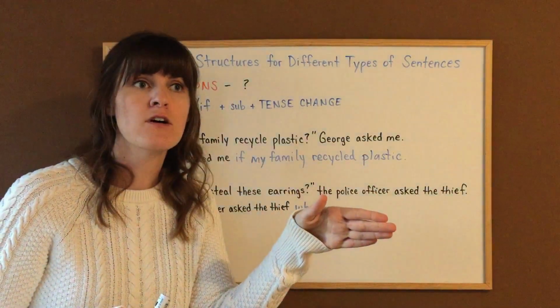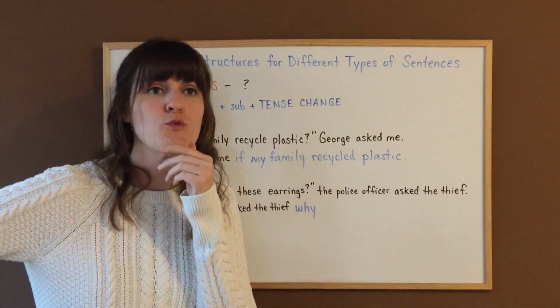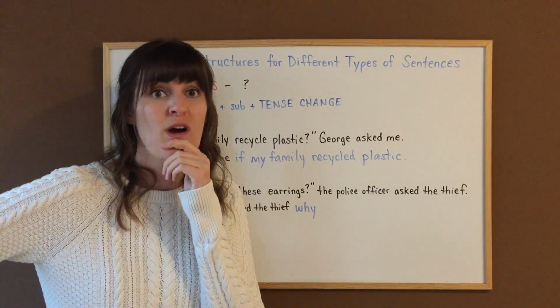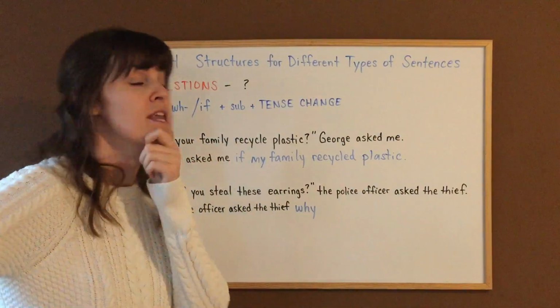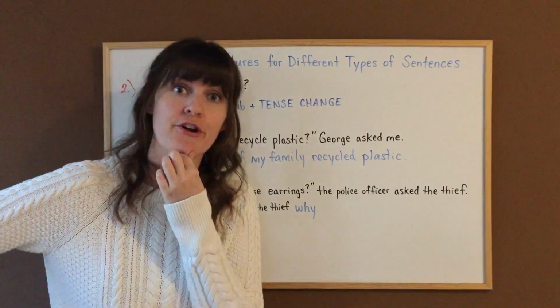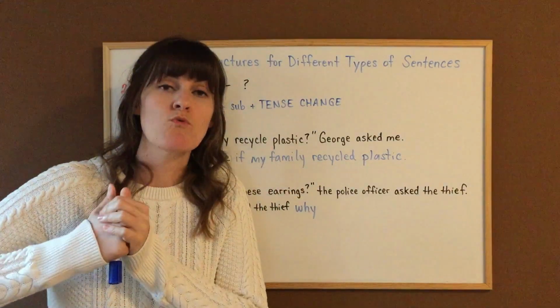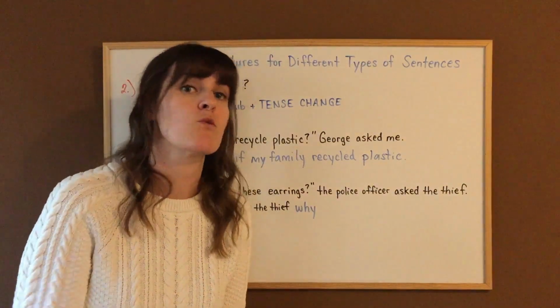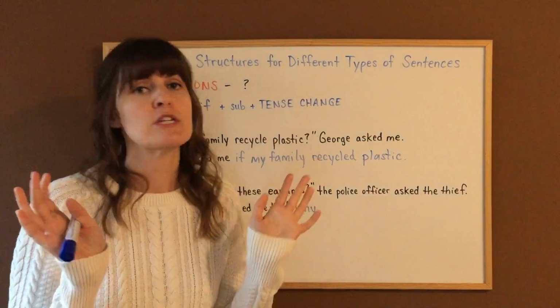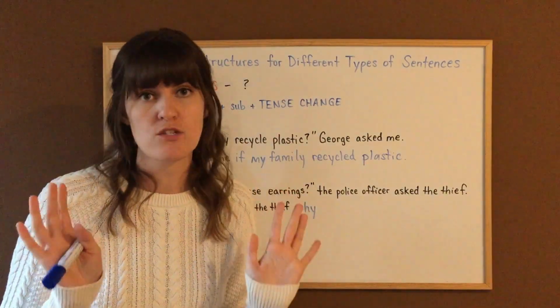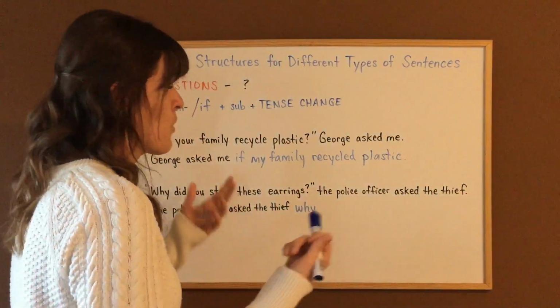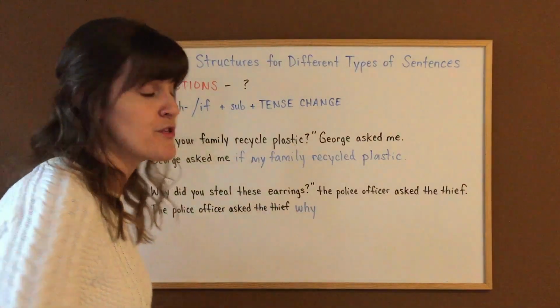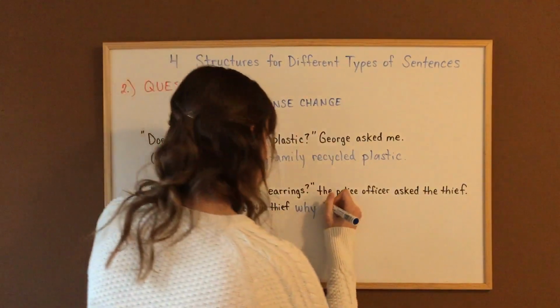So the thief. What pronoun do we use for the thief? Well, in this case, do we know if the thief is a boy or a girl? We don't know. So if you don't know if you have a man or a woman or a boy or a girl, you can choose. Anything is correct. It doesn't matter. So in this case, let's say it's a boy. So if it's a boy, we use he.